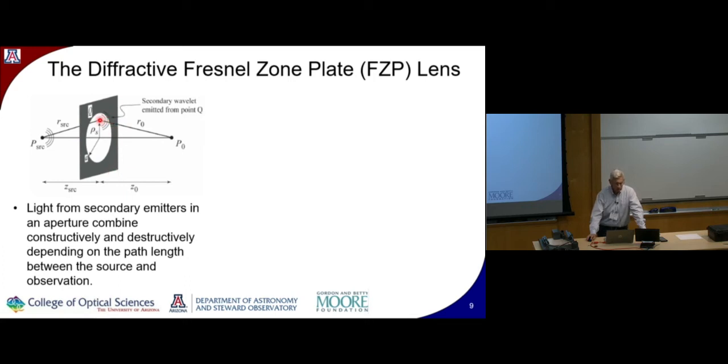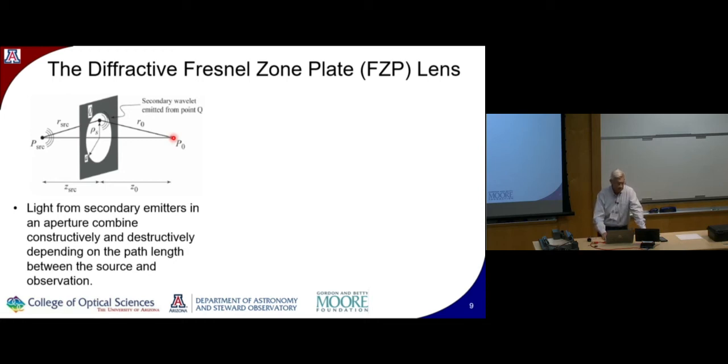So if two emitters are in phase, they're going to produce constructive interference at the observation point. And if they're out of phase, then they produce destructive interference at the observation point. And we add up all those emitters to produce the total light level at the observation point.